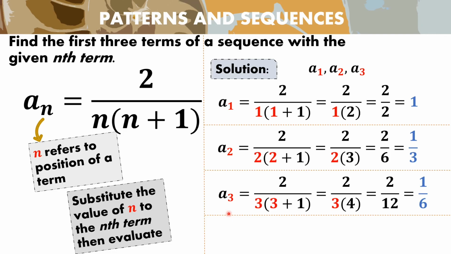Substitute that into the nth term. That is 2 all over 3 quantity 3 plus 1 equals 2 all over 3 times 4 equals 2 over 12. Simplify, that is equal to 1 over 6. Therefore, the first three terms are 1, 1/3, 1/6.